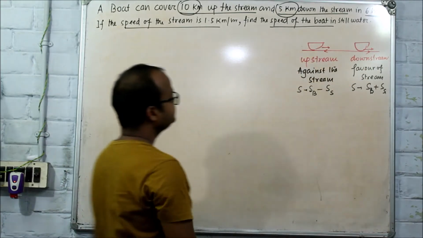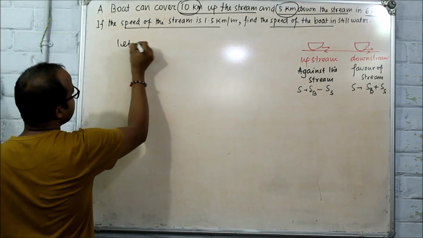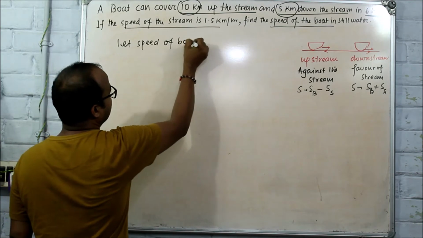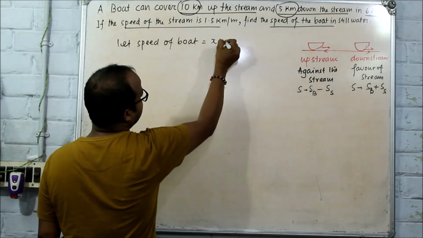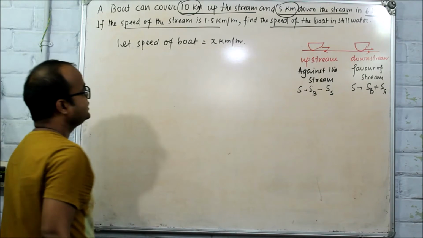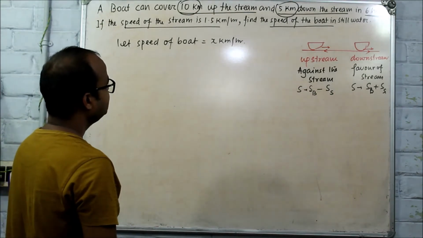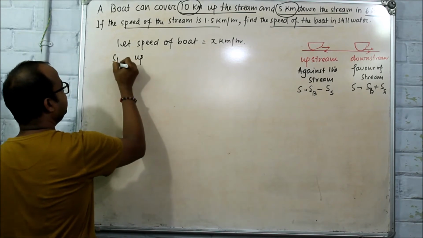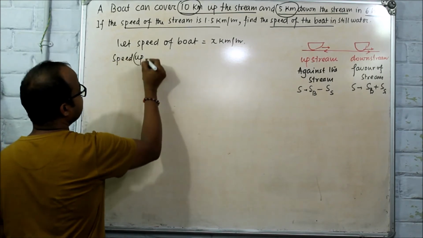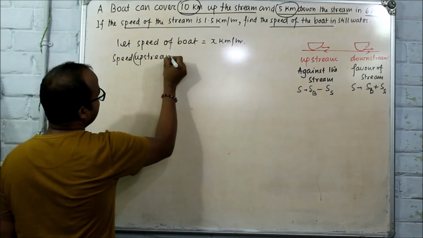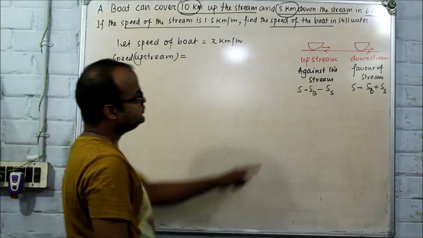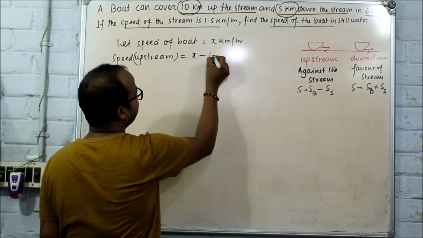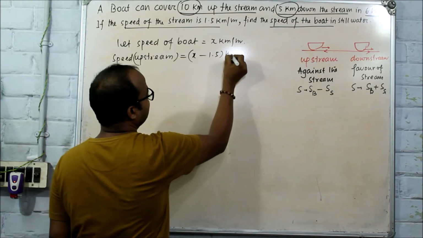So we let the speed of the boat be equal to x km per hour. We consider the speed of the boat is equal to x km per hour. So speed in upstream is equal to speed of the boat minus speed of the stream, so x minus 1.5 km per hour.